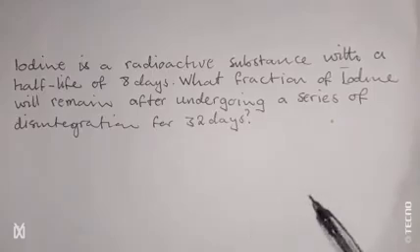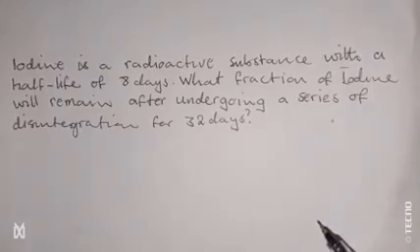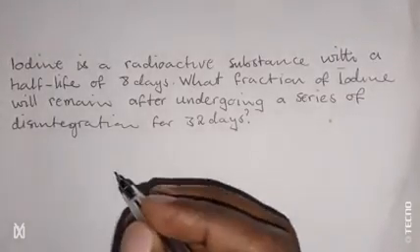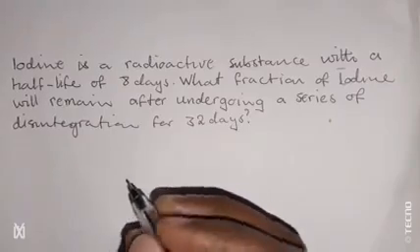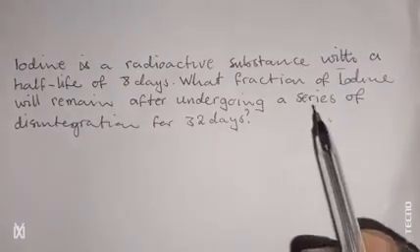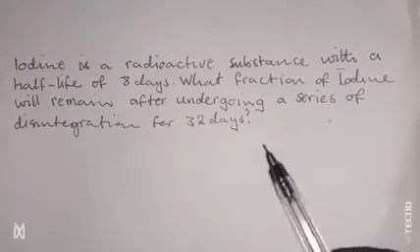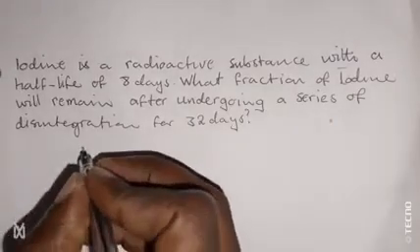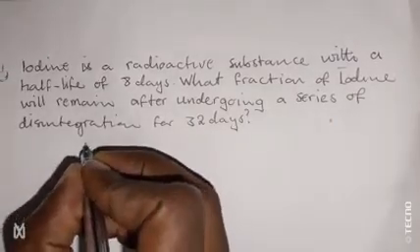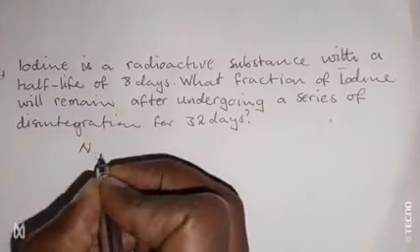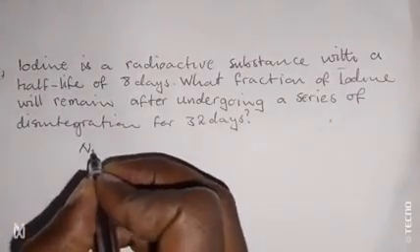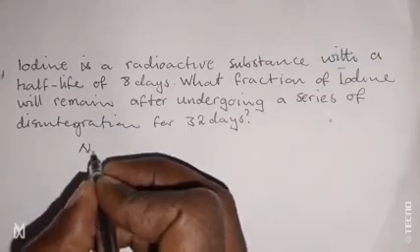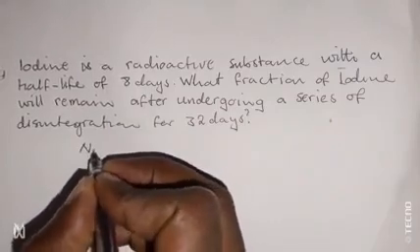Okay, so here now to try to answer the fraction. When answering for the fraction that will remain after 32 days, we'll use the same formula, where N gives us the remaining amount.